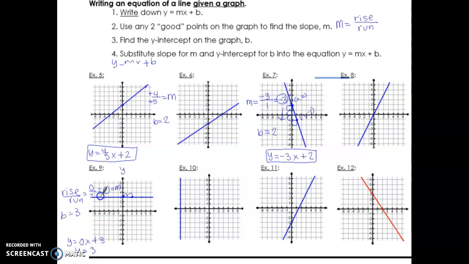Again, if we go up to it, it's at 3. So for any point on the x-axis, your y is always going to be 3. That's what this says right over here: y is equal to 3. And that is our answer for this line, or the graph of this line is represented by this equation.